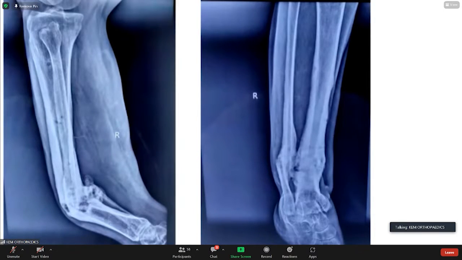So what is there, angulation or tilt? Probably angulation. See the AP. What is the angulation in AP? Anterior angulation is there, sir.